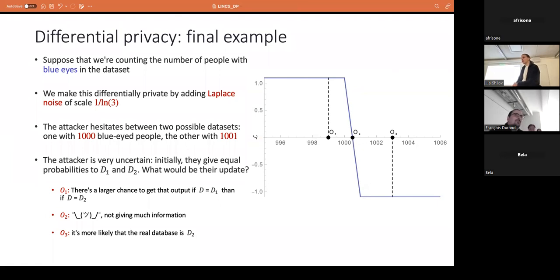No, you can, for example, imagine that you have auxiliary information that Michael Brown has blue eyes. You want to know whether Michael Brown is in the data set. And you know that in the data set there are at least 1,000 people with blue eyes, at least.